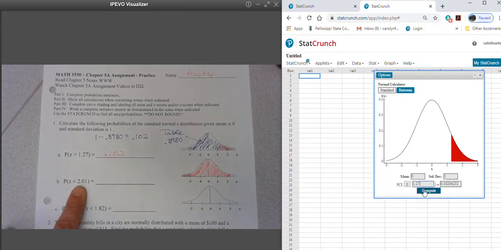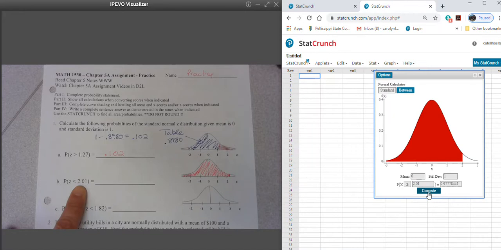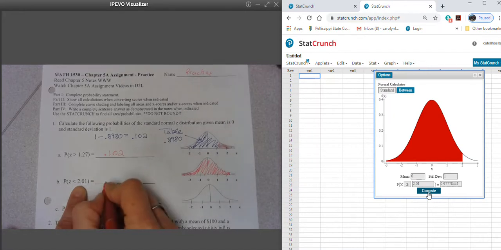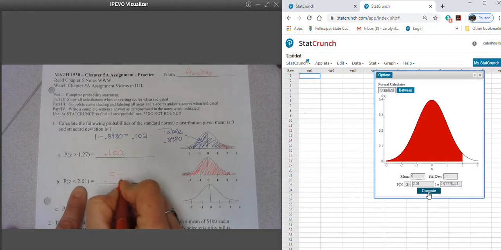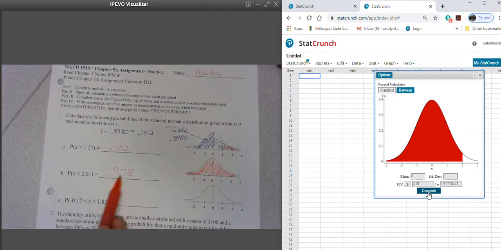We always leave that if we're talking about the standard normal distribution of z-scores. So I just need to change this to less than, and this becomes 2.01, and we compute, getting 0.978. So watch the homework on how many decimal places to enter your answer.